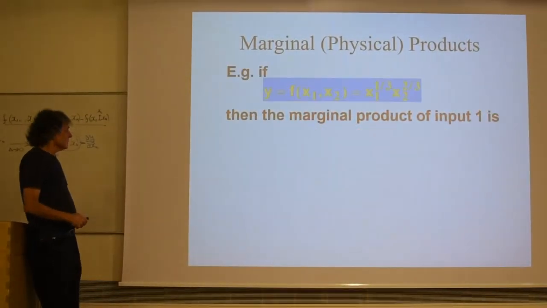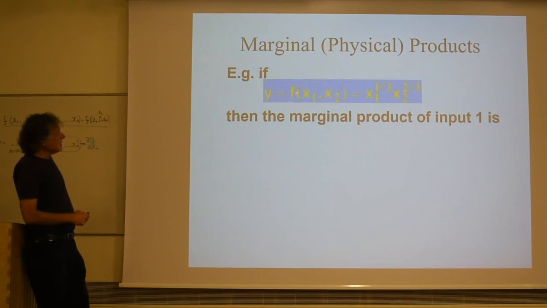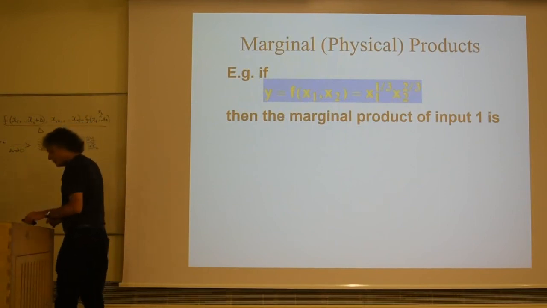Let's see examples. Suppose that y equals f(x1, x2), Cobb-Douglas with 1/3 and 2/3. Now let's see what marginal product we get.